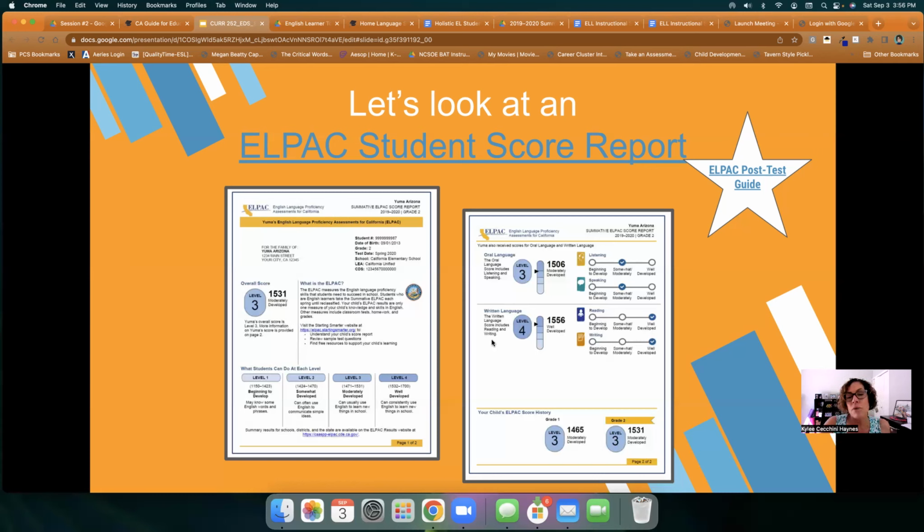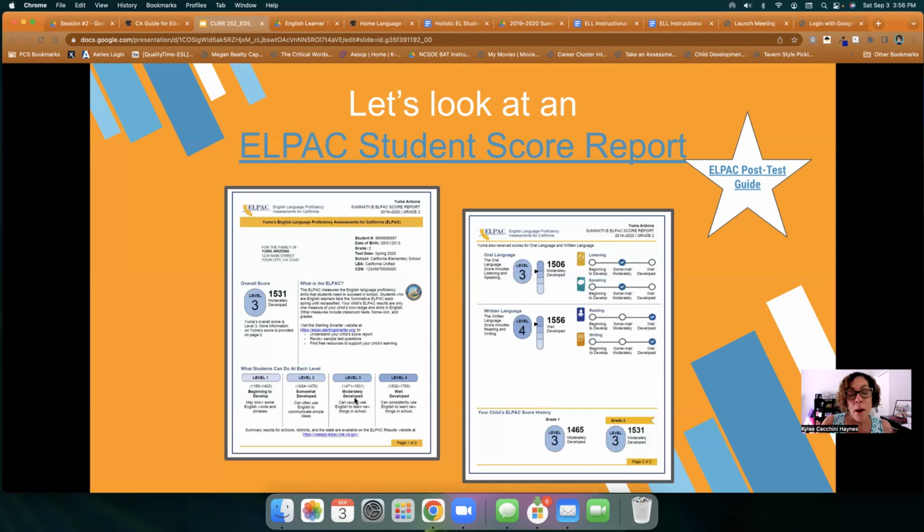Now we're going to look over on page 2 where they've broken them up into the oral language and the written language. And remember, I said the oral language and written language, the overall scores are out of 4. So for oral language, she's a level 3. And I like this. It shows kind of like a thermometer. We can see there that she's almost at a level 4 with her oral language.